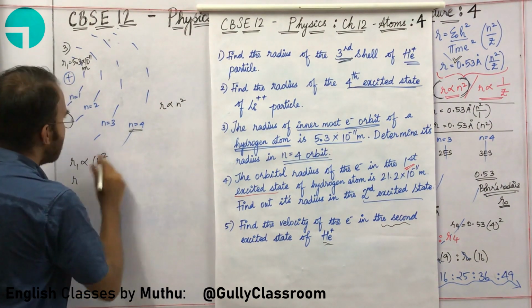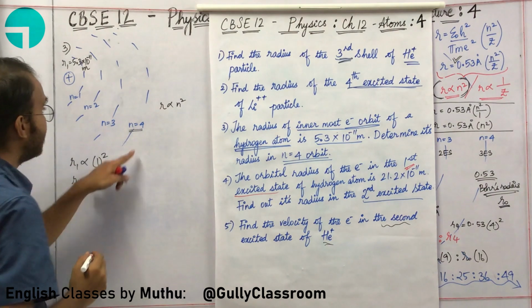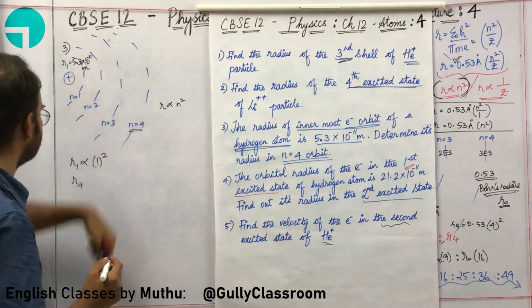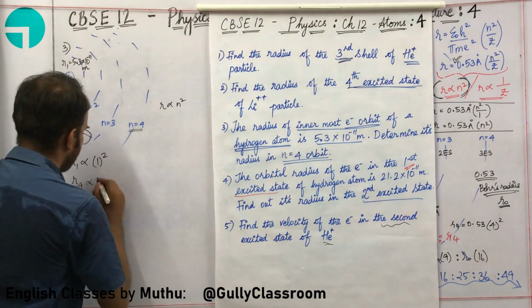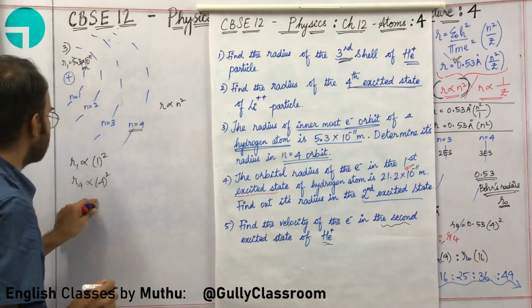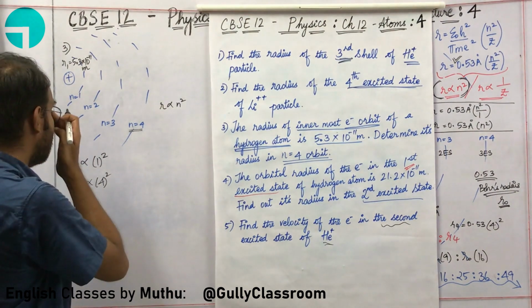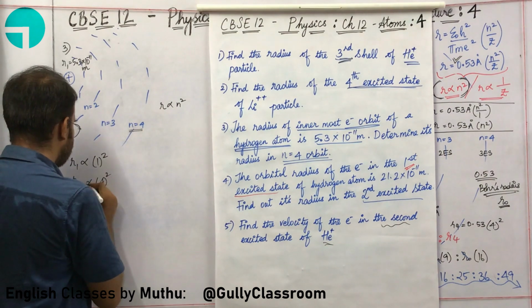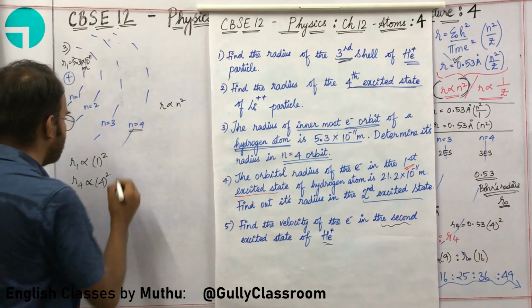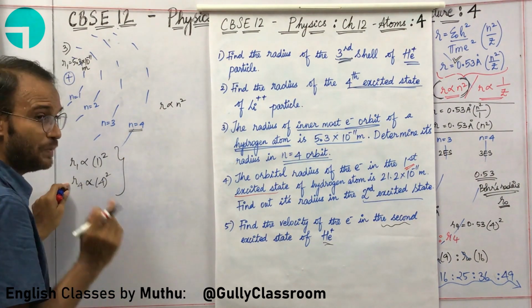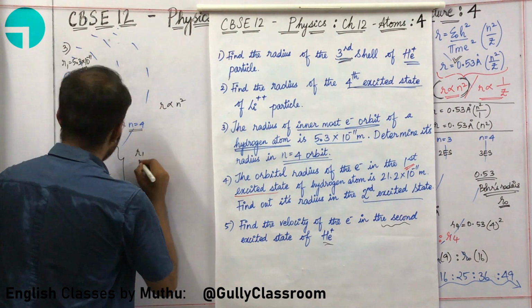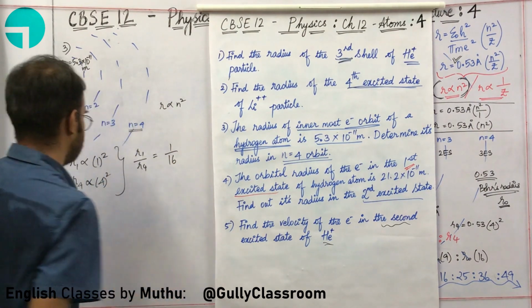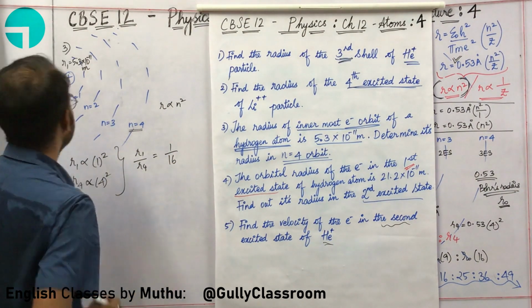What about R4, the radius of the electron in the n equal to 4 shell? It is directly proportional to 4 square, because that is the value of the quantum number in the n equal to 4 shell. In order to eliminate the proportionality constant, I am going to simply divide both equations. So R1 divided by R4 is equal to 1 divided by 16. Okay, I know the value of R1.